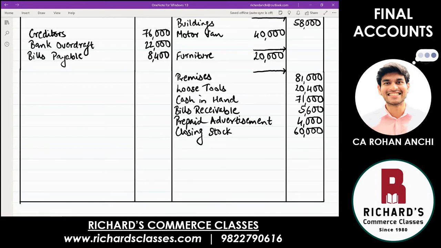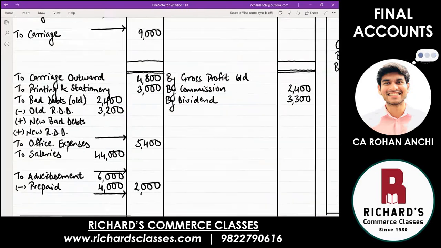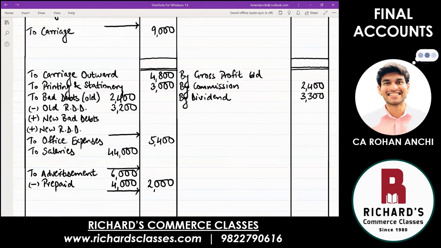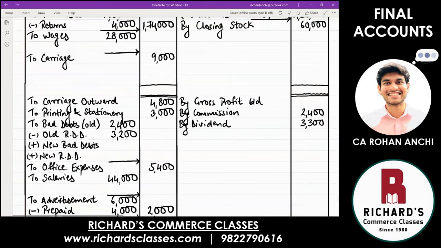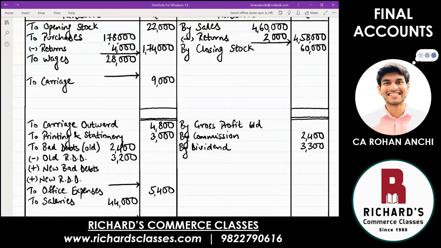Outstanding expenses, and there are two of them, wages also and salary also. This is exactly opposite of prepaid. In prepaid, you have paid in advance. Outstanding means you have not yet paid. So do the opposite effect. If prepaid, you had subtracted, then outstanding you have to add because you have recorded less. Then record the correct value, add over there.